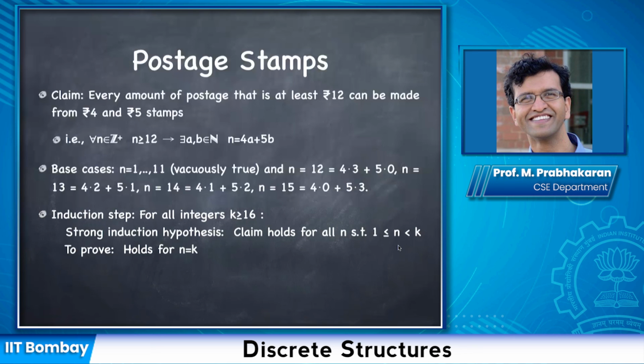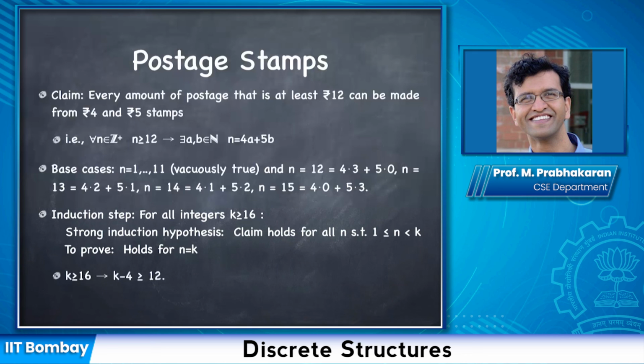Okay. So for k greater than or equal to 16, I'm proving that if the claim holds for all n strictly less than k, then it holds for n equal to k as well. So from my base case, it'll let me conclude that it holds for 16. Then once I have that, it'll let me conclude it for n equal to 17 and so forth.